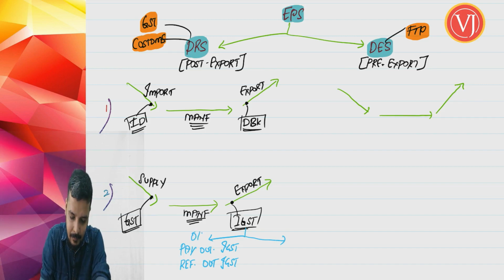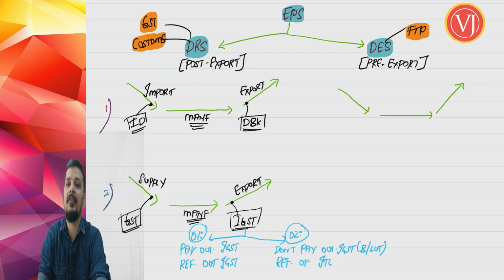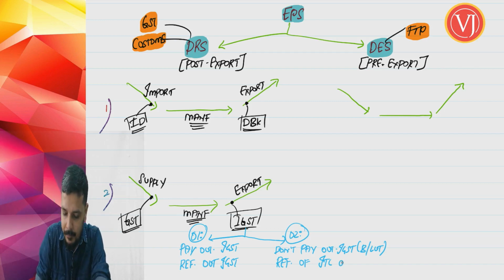Second option: don't pay your output IGST, because you are going under bond or letter of undertaking, and claim the refund of input tax credit of your inputs and input services, that is, your GST on your purchases of inputs and input services.